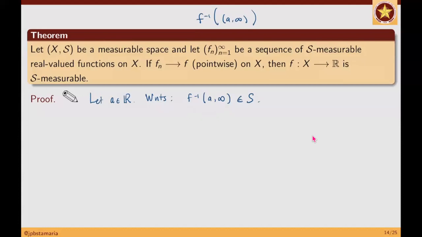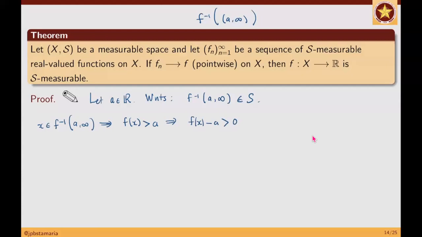So here you go. If x is in that inverse image, as I always say, that means f of x is greater than a, which means f of x minus a is greater than 0.